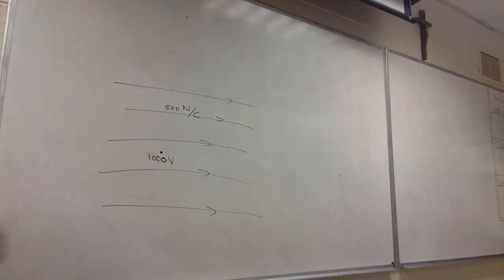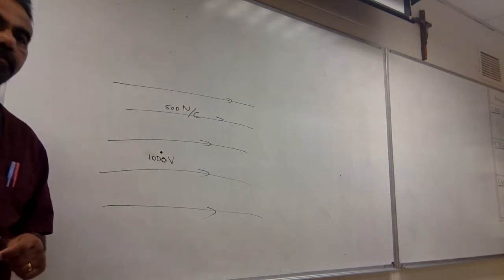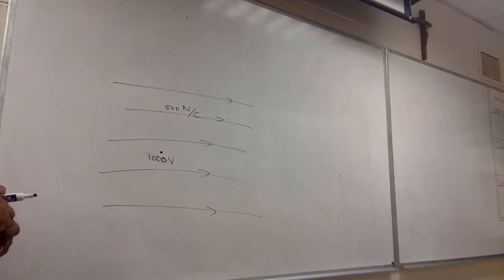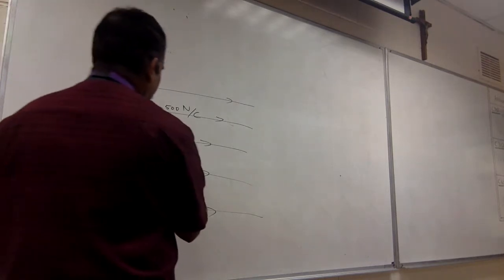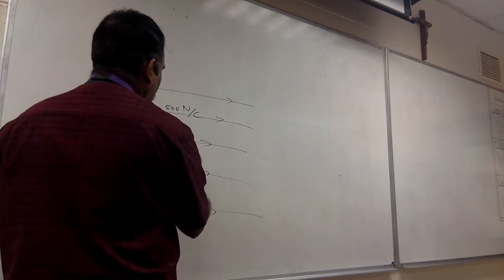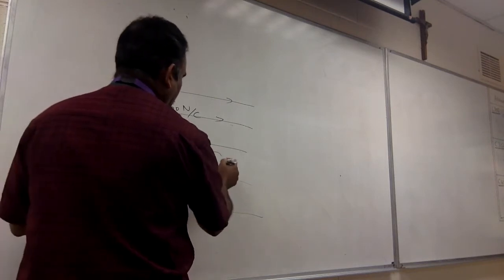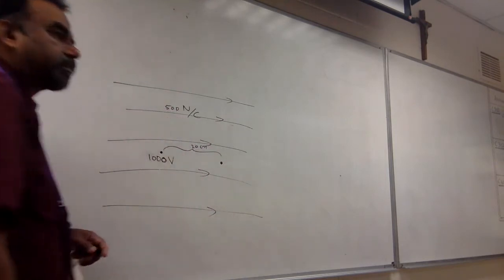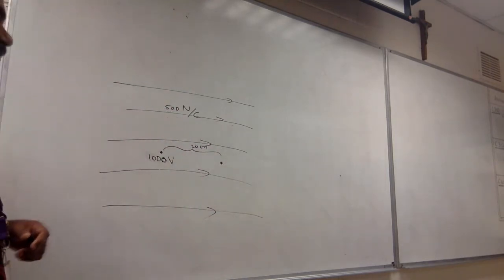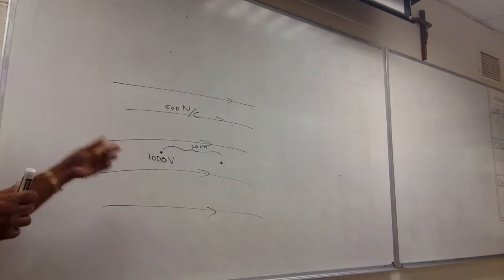The potential at that point is 1000 volts. What will be the potential 20 centimeters from there? What will be the potential 20 centimeters from that point?